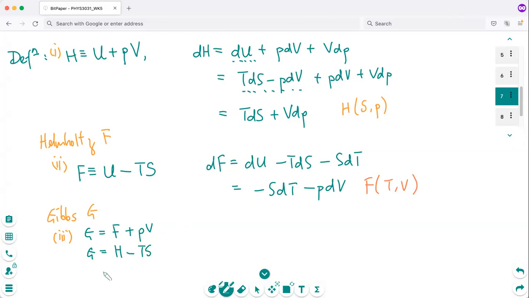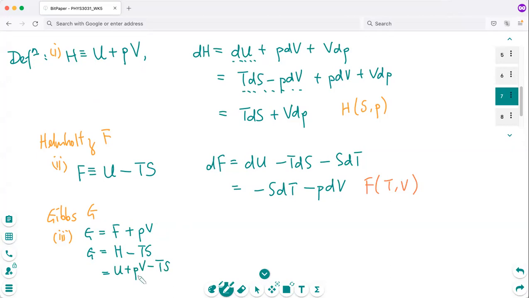And for future reference, sometimes people write everything out starting from the internal energy, because internal energy is what we use as the most fundamental way for the development of this course. Right, so I can write U plus PV for H, and then minus TS.